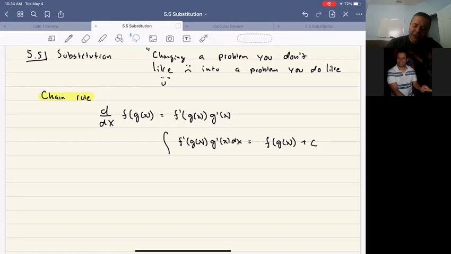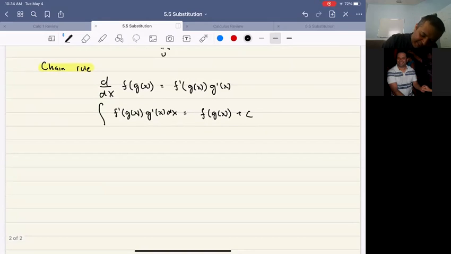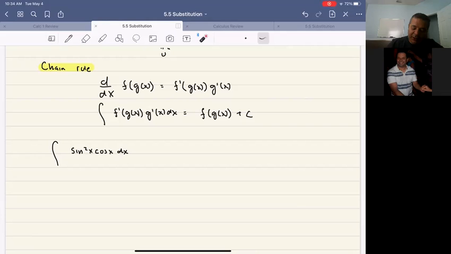Okay, so let's do just a couple of really simple examples. Let's start with the integral of sine squared of x cosine x dx. What I notice is that cosine of x is the derivative of sine of x, so I'm going to make a substitution.